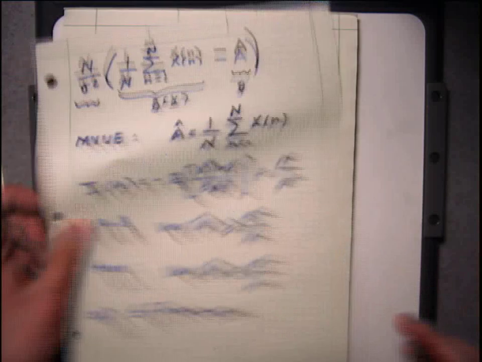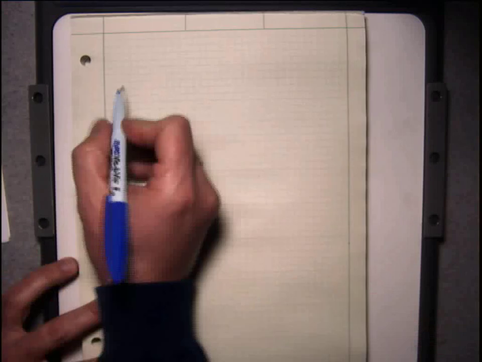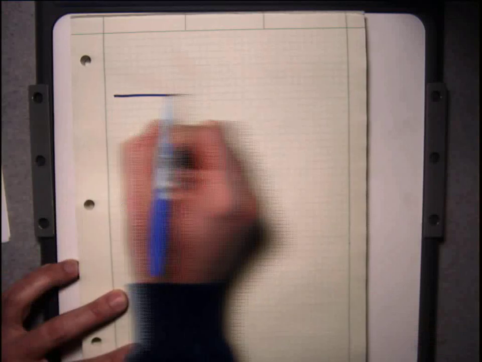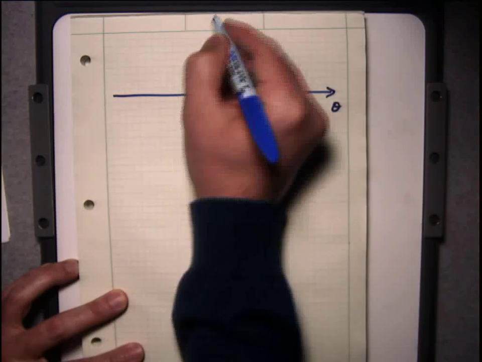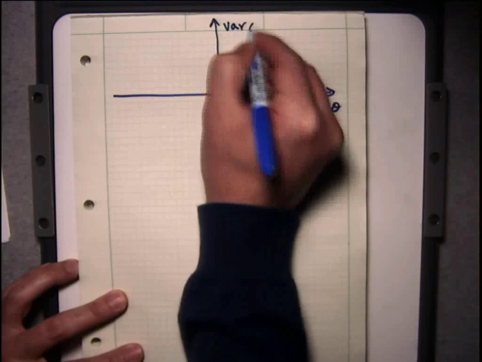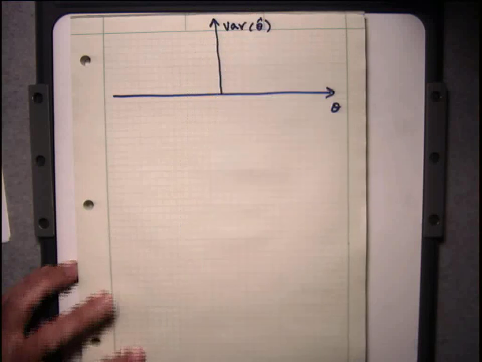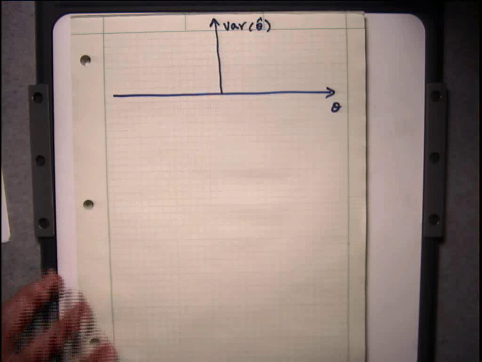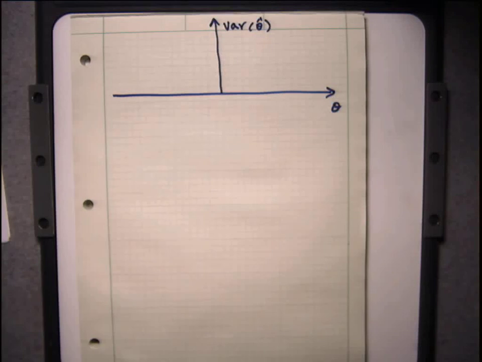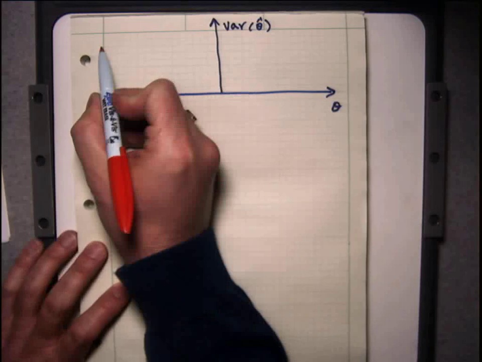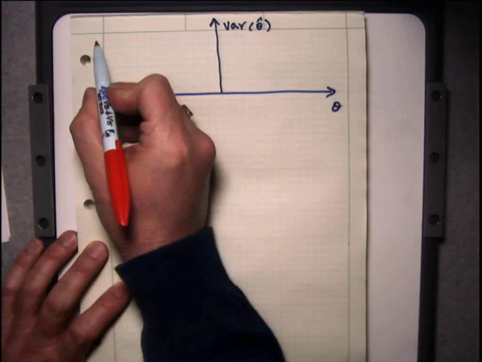Okay, let me just draw you a picture for a moment to give you an idea of what, in general, these problems will look like. So let's say we take this axis theta, and we take this axis here to be the variance of theta hat. Let's consider all these unbiased estimators. If I were to compute this Cramer-Rao bound, the right-hand side, the lower bound, I might get a function that looks like this.